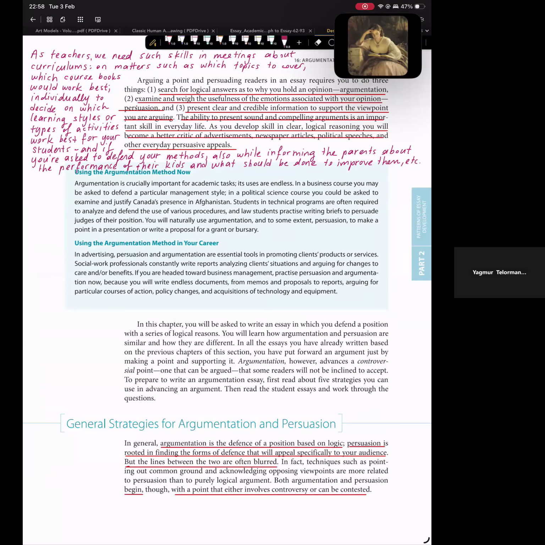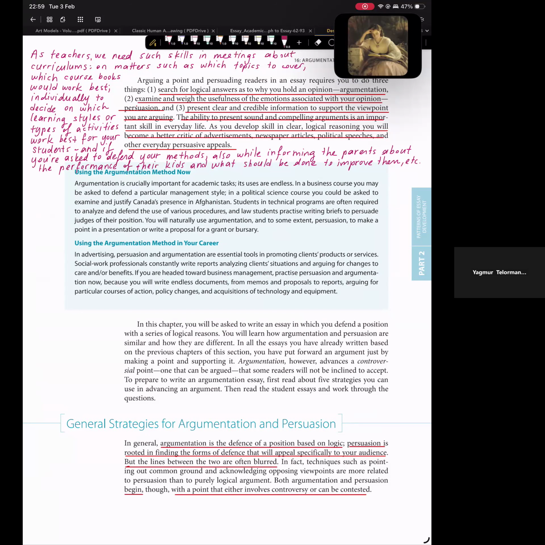But as teachers, we need such skills in meetings about curriculums on matters such as which topics to cover, which course books would work best, and individually to decide on which learning styles or types of activities work best for our students. And if we are asked to defend our methods, we may need these skills.